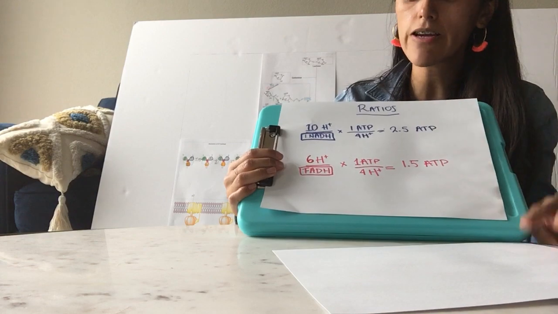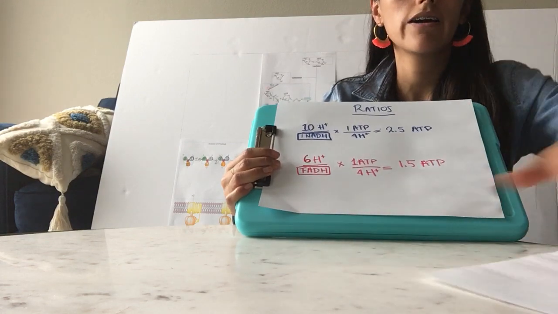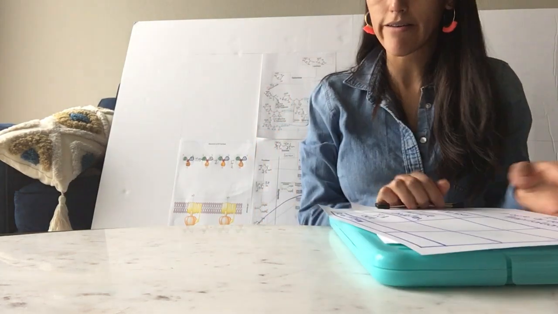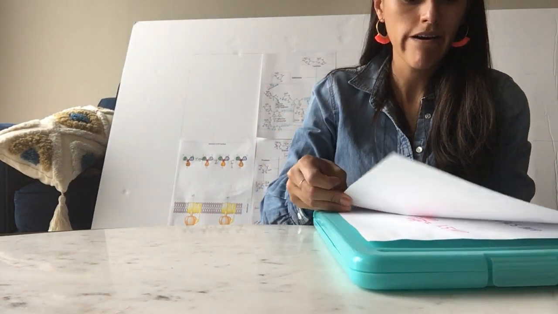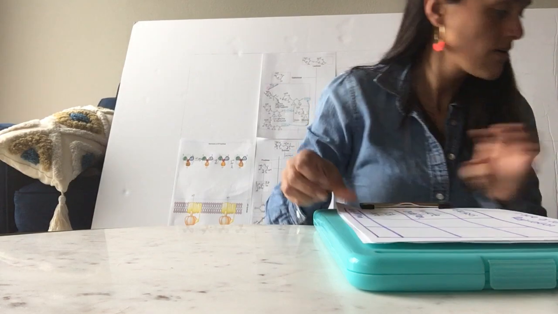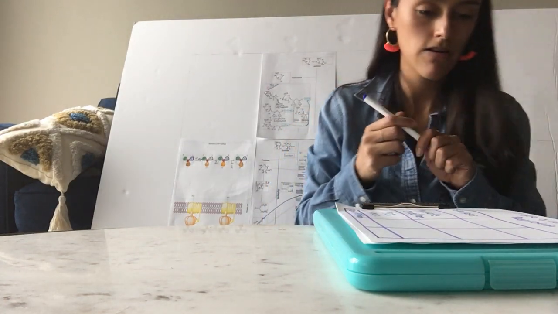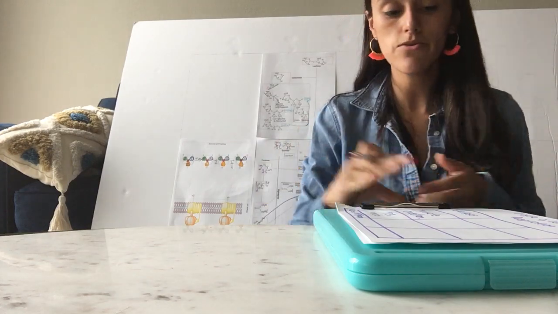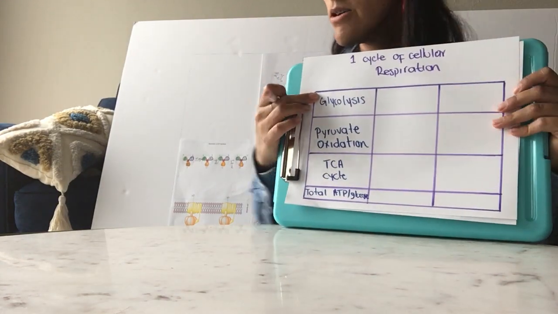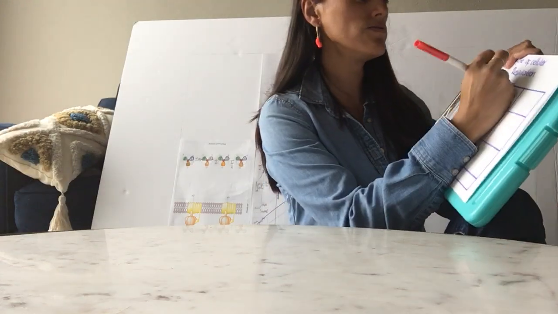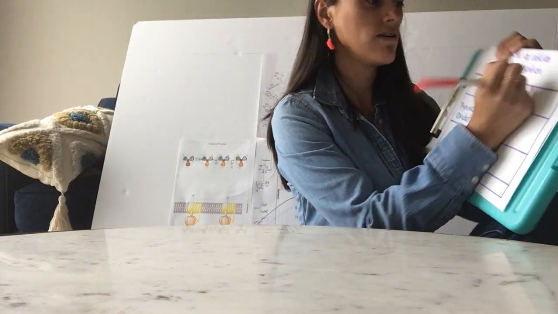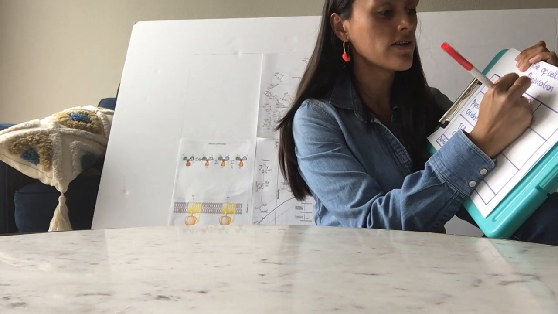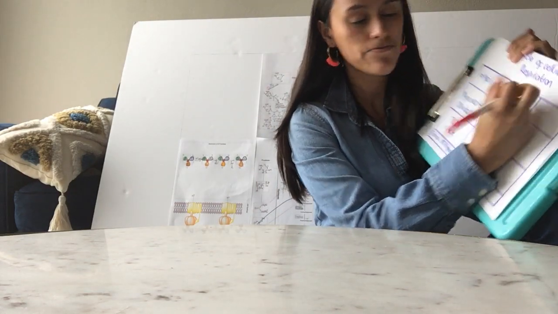So using these ratios, I created this table here. We can calculate. During glycolysis, we know that 2 ATP are yielded and 2 NADH.